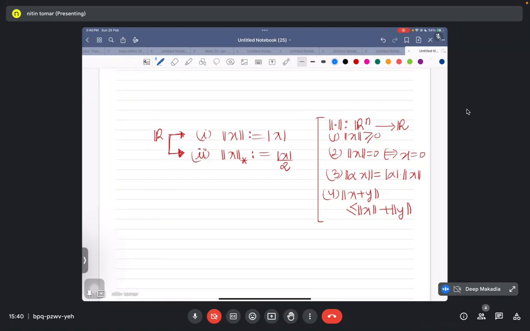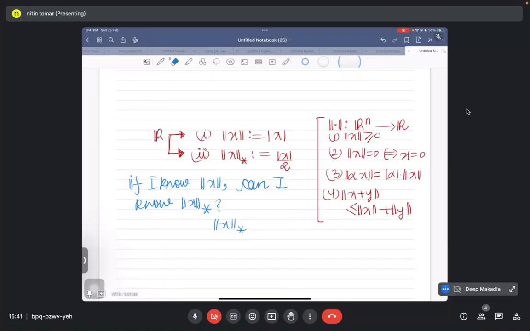For example, if I know norm x, is there some way to know norm x star? Do you get my point? What is the good way? If I can bound norm x star on both sides by some multiple of norm x, which is given. Am I correct?